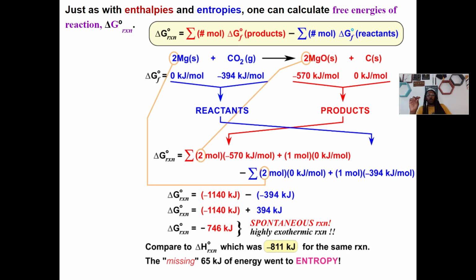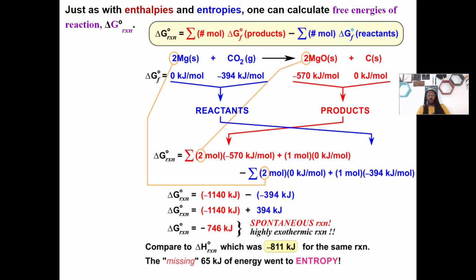Now, I see a negative 811 and then a negative 746. What is missing in this count is 65 kilojoules between the two. We understand that energy cannot be created nor destroyed, the first law of thermodynamics.